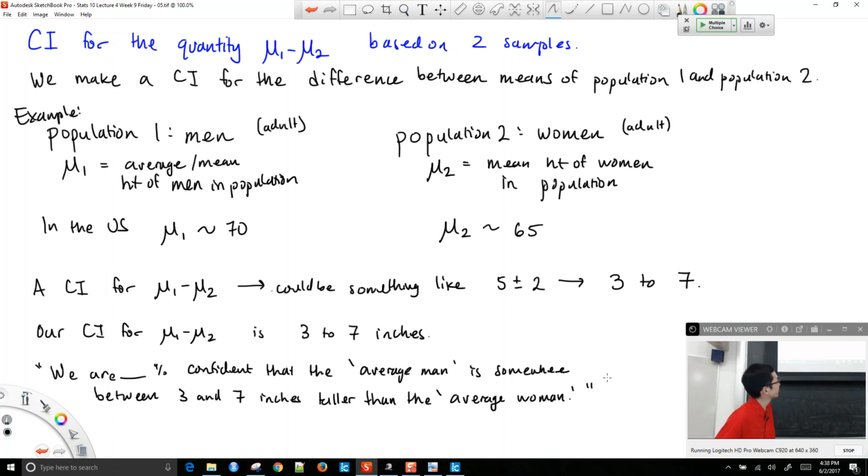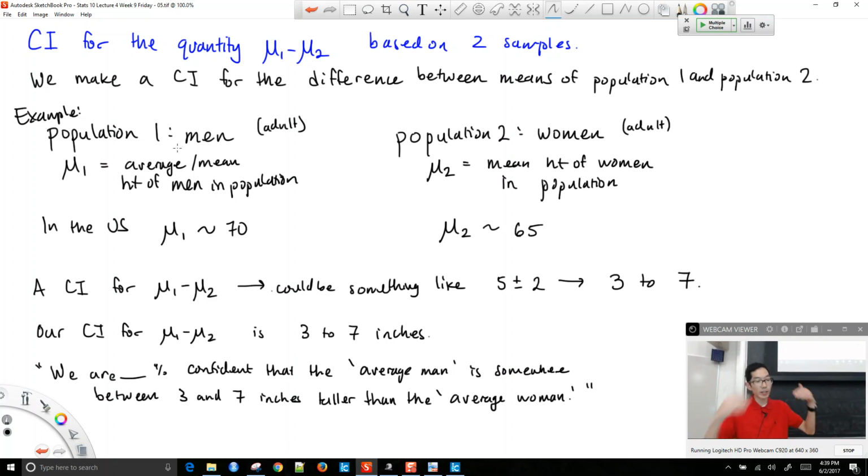And that's all it is. It is not about individuals, because if we picked an individual man and an individual woman, that height difference could be all over the place. You might get a really tall man and a really short woman, and have a height difference of like a foot. Or you might get a short man and a tall woman, and have a negative height difference, if you're calling sample 1 the men and sample 2 the women.